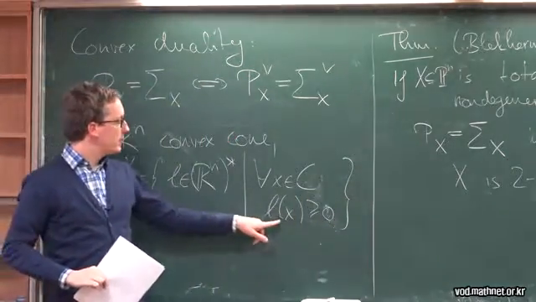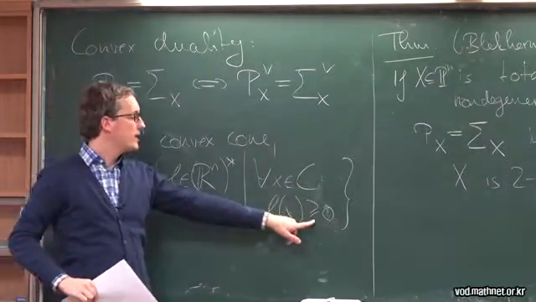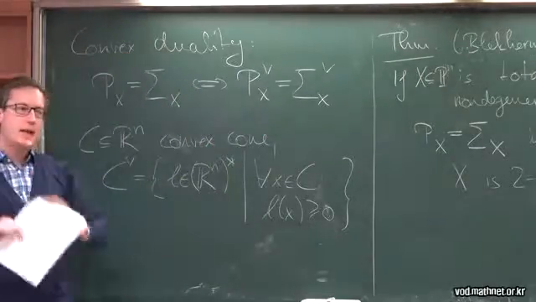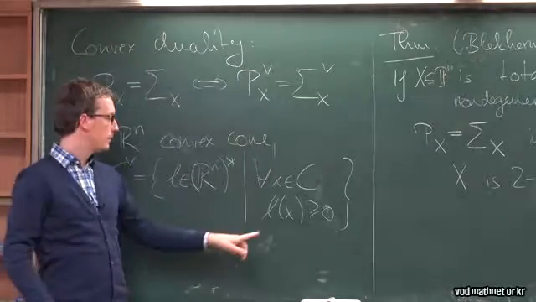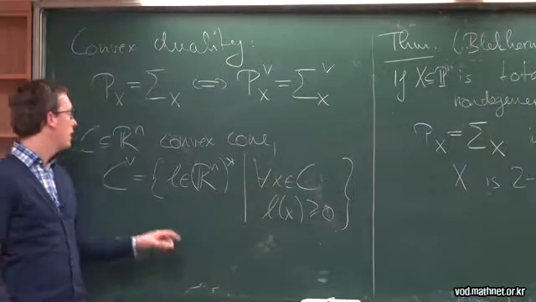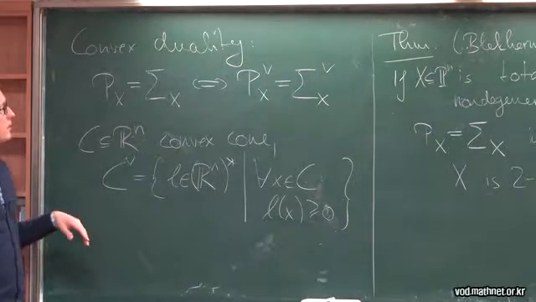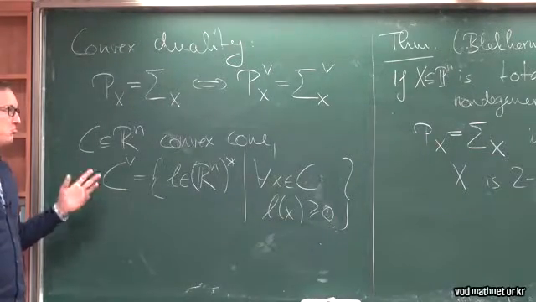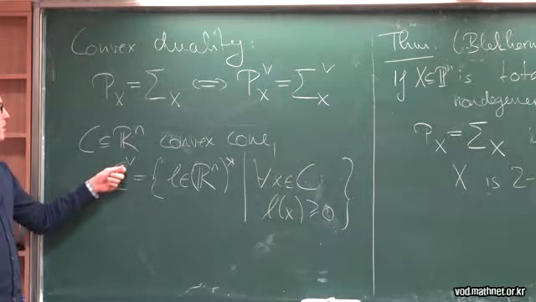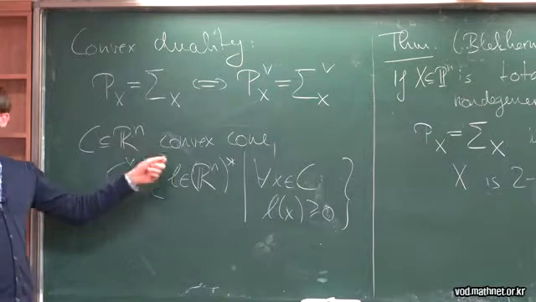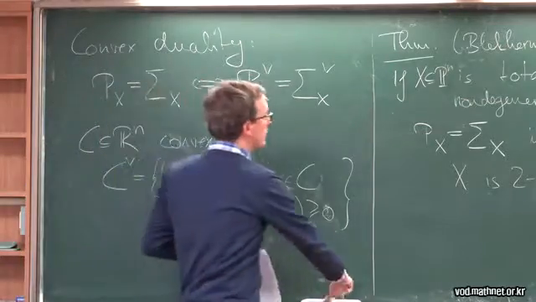So L of x equal to 0 is a hyperplane, and greater than or equal to 0 means you just look at one side, and I'm saying the cone is contained in this half space. You collect all of these linear forms, and that makes the dual convex cone. And one of the corollaries of the separation theorem is that you have convex biduality. So if you do this twice, you get your cone back. That's the separation theorem.